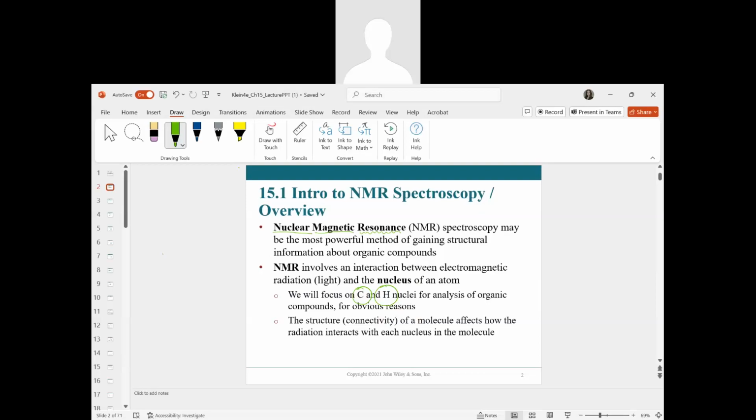But in general, again, this is just that interaction between the electromagnetic radiation, light, radio waves in our case here with NMR, and the nucleus, so the matter that we're looking at. So we can find, instead of just functional groups, now we can actually pry more into the structure or connectivity of these carbon atoms and these protons.